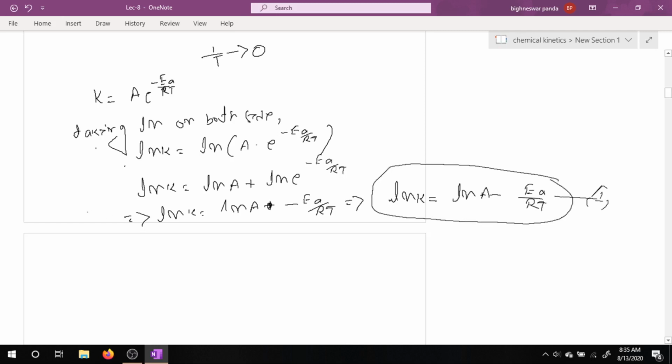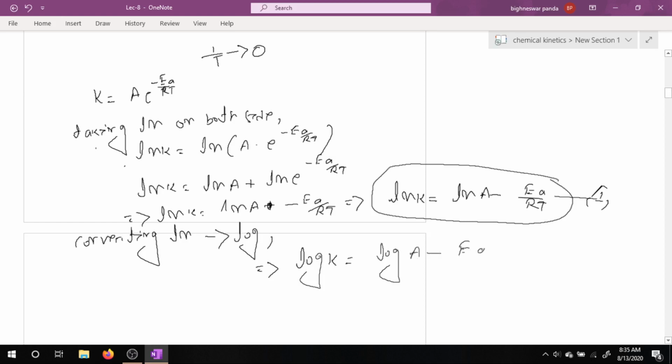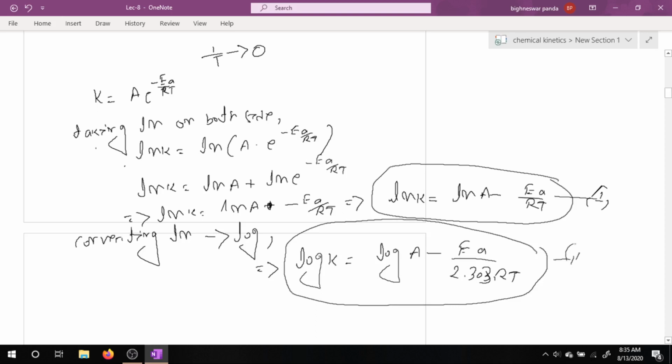Again, by converting to log, I can write the above equation as log k = log A - Ea/(2.303 RT).